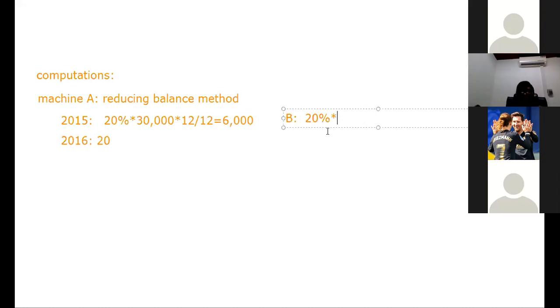The figure is 40,000, times 12 over 12? Are you sure? No, madam, 6 over 12, because we bought it on 1st July, and so we've been with it for just 6 months. It will give you 4,000. So we would record 4,000 here.